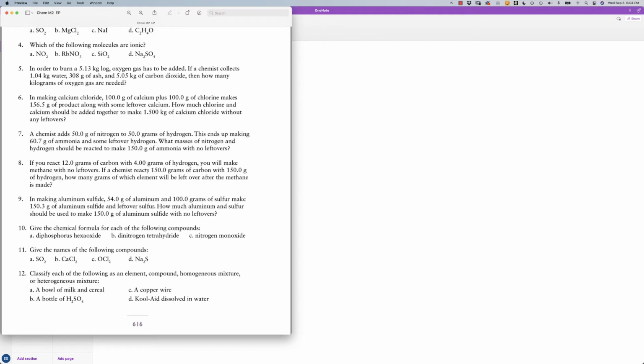If a chemist reacts 150 grams of carbon with 150 grams of hydrogen, how many grams of which element will be left over after the methane is made?